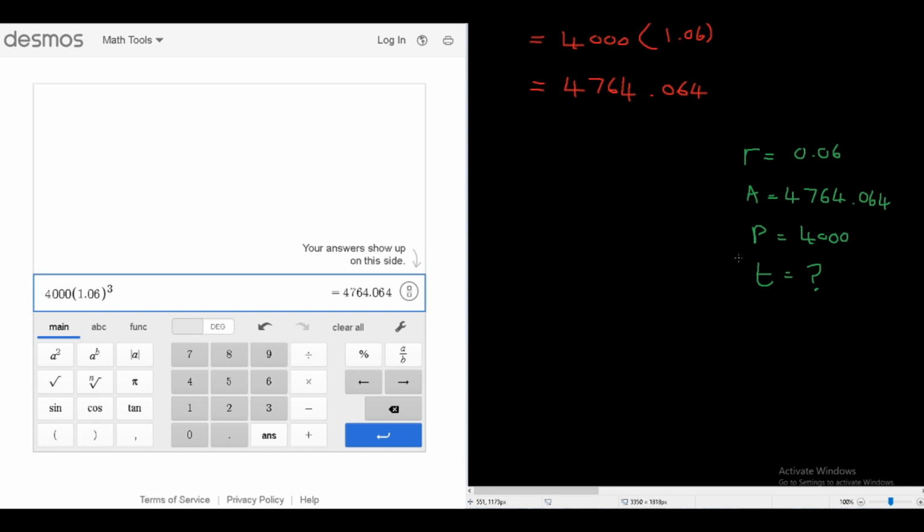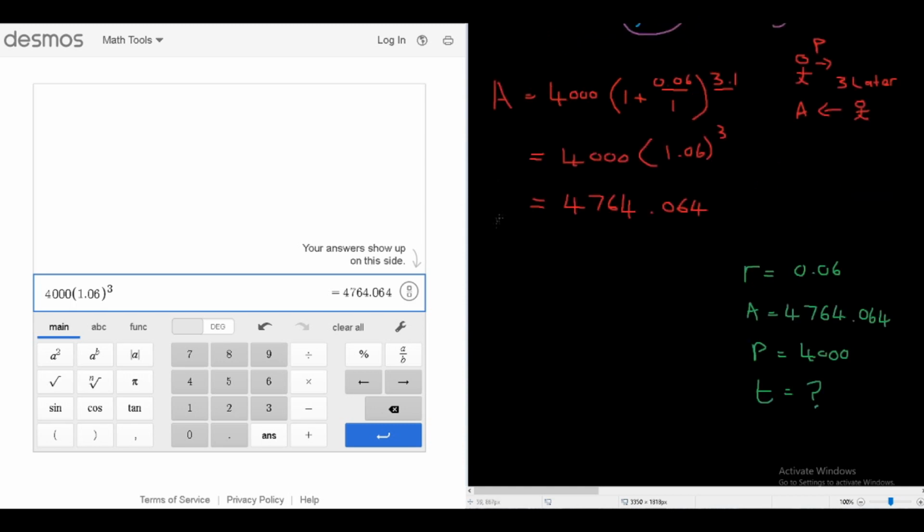Well, to calculate T, we're going to have a little bit of a longer formula, but it's something worth memorizing. Of course, we can solve it by following algebra and exponential rules. Actually, logarithmic rules, but let me introduce you to this formula.